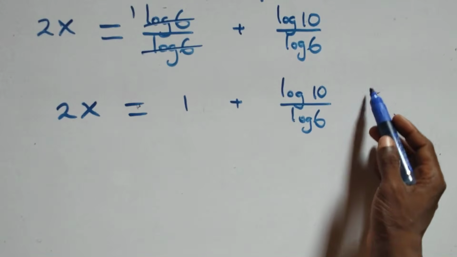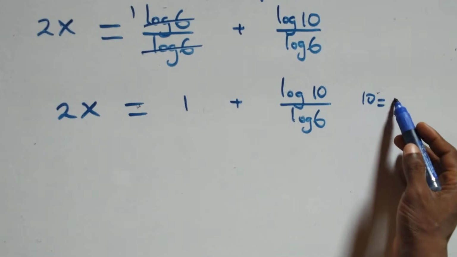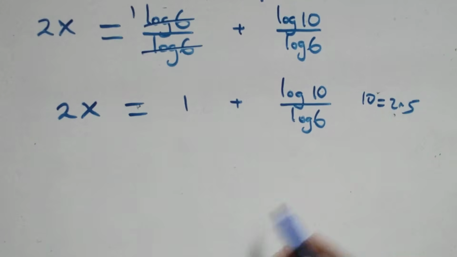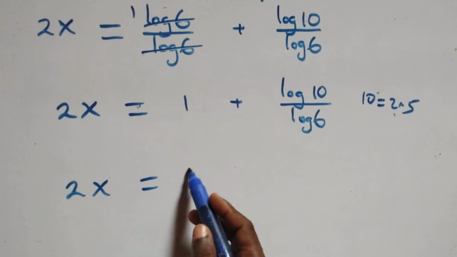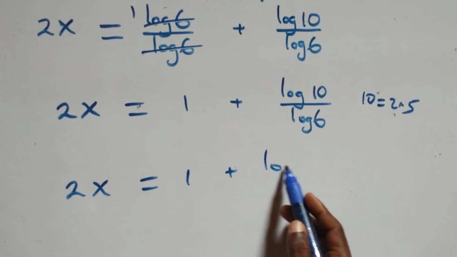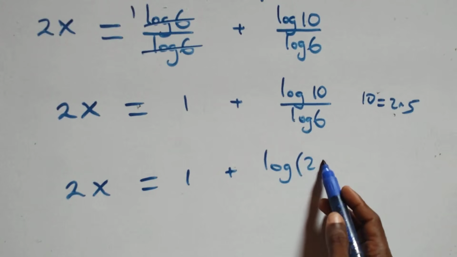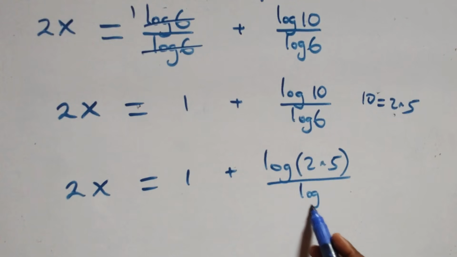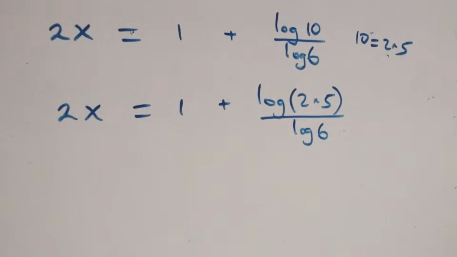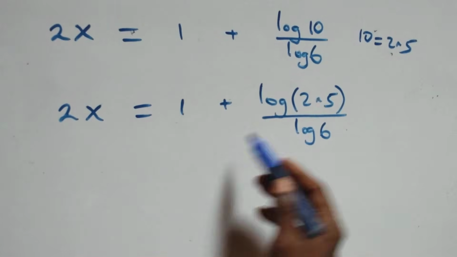Then, next step, you can express 10 as 2 times 5. Here we have 2x equals 1 plus log of 2 times 5, over log 6. Then we apply the law of logarithm as well.